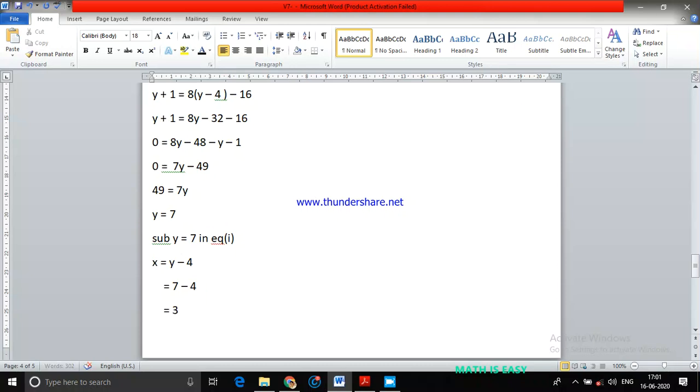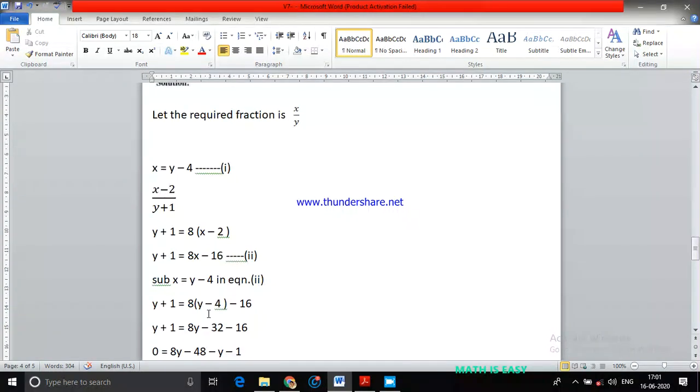Therefore x equals 3. Okay, so the y value is 7 and the x value is 3. Is that clear? I think so.